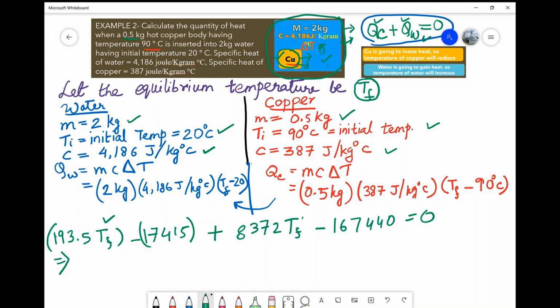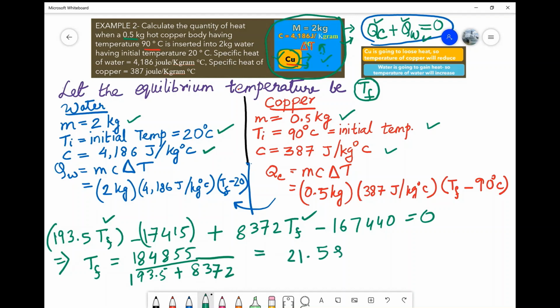TF is the only variable present, so we can calculate it. I have simplified already: 184855 divided by (193.5 plus 8372) comes out to be 21.58 degrees Celsius. So this is our answer.